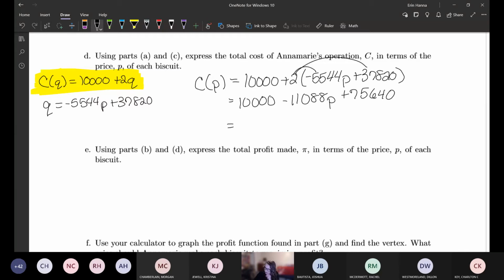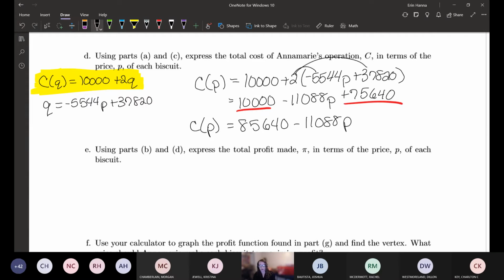And then if we combine together the two constant values, we will get 85,640 minus 11,088 P. So this is our somewhat new cost equation.